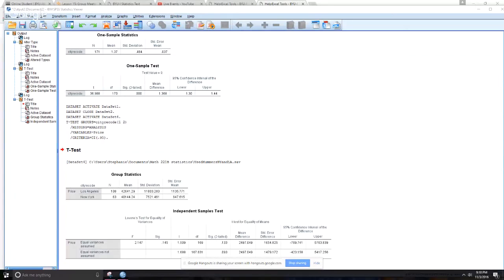Can I share my screen and show you what I did? Definitely go for it. Where's my share screen? Okay, do you see that? Let me go down to where I was at. So the T-test right here, it's taking the price from Los Angeles and New York.